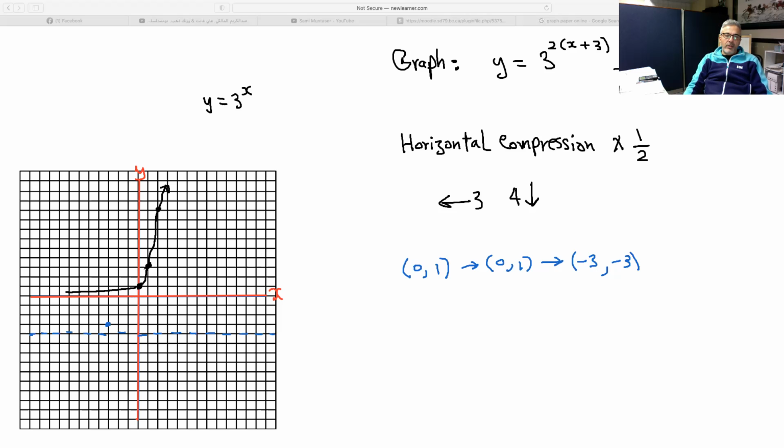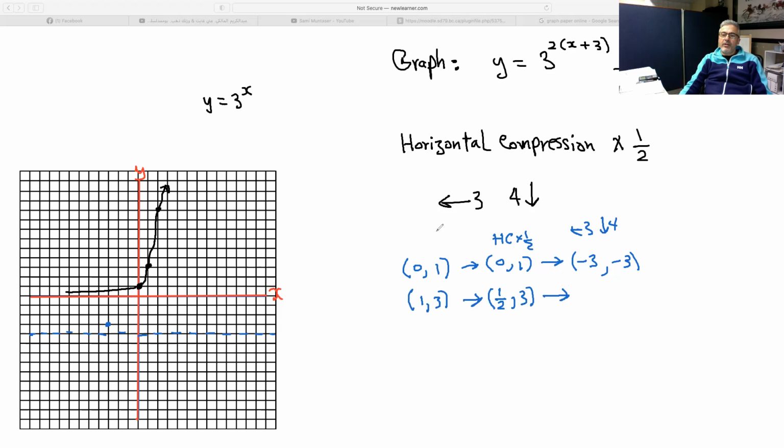Now let's look at this point right here, the 1 and 3. Again, the first thing is the horizontal compression by 1/2. And then here just left 3, down 4. So horizontal compression by 1/2, the 1 becomes 1/2, because 1 times 1/2 is 1/2, and then the y value stays the same.